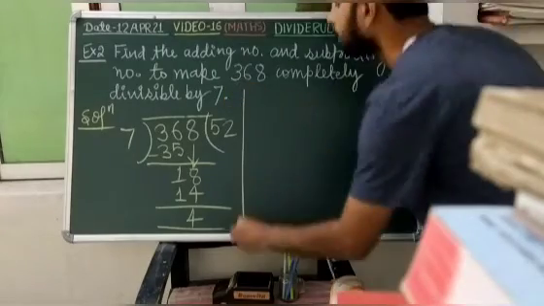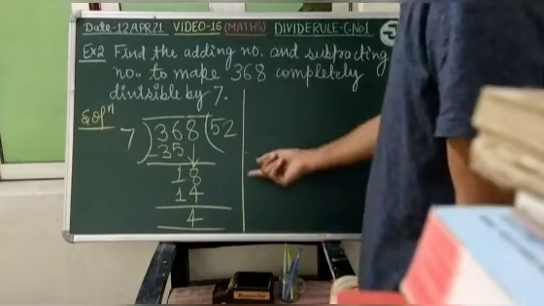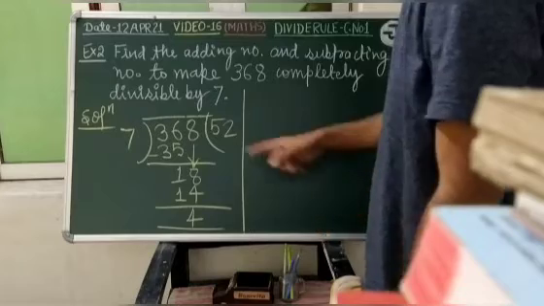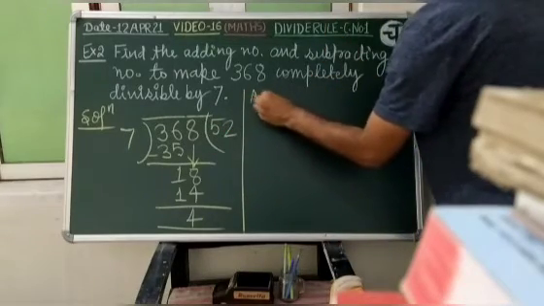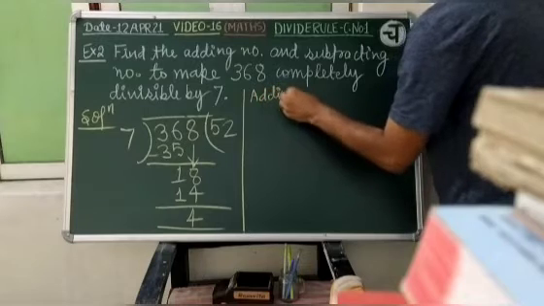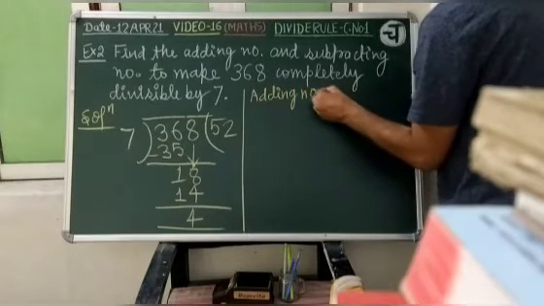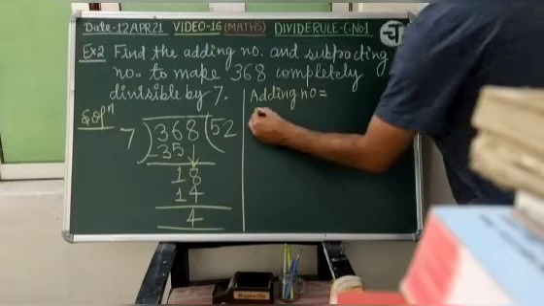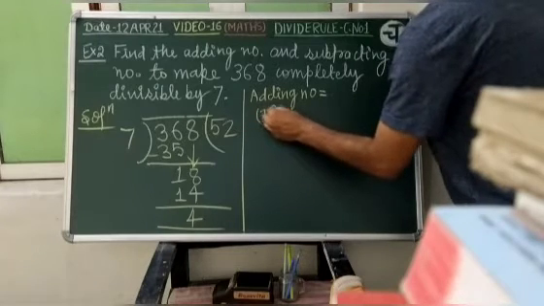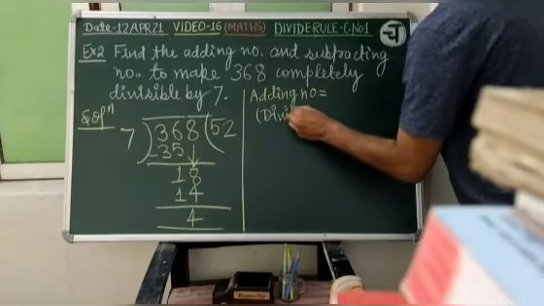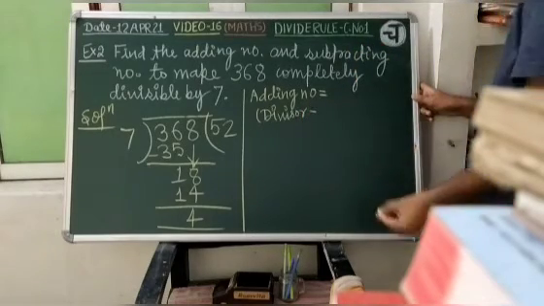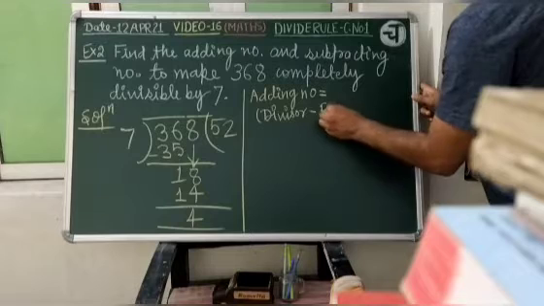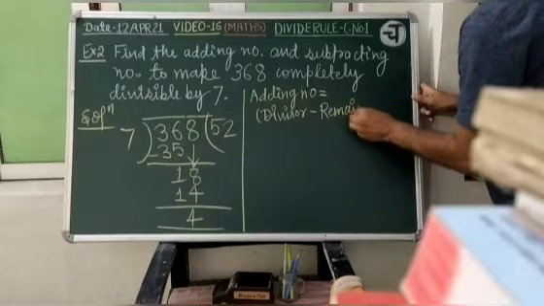So what should be the adding number to make it divisible? We know by the divide rule, adding number will be equal to our divisor minus remainder, isn't it?